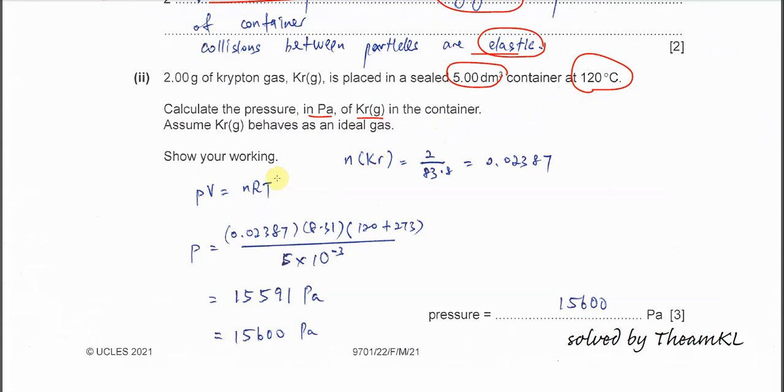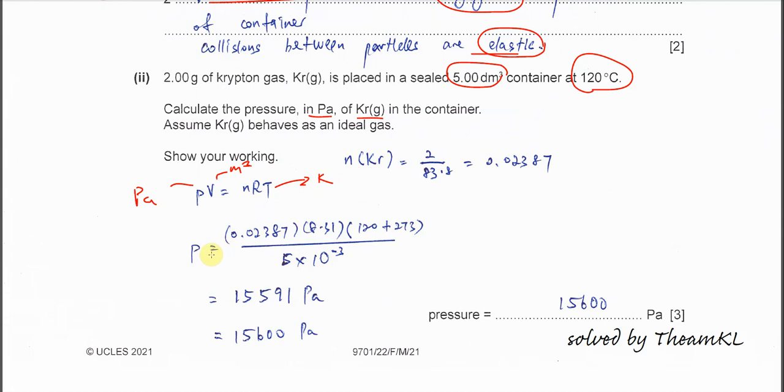Make sure you use all the standard units. Pressure must be Pascal. Volume must be meter cube. n is just the mole, R is the gas constant, T must be in Kelvin. So you need to do some conversion.